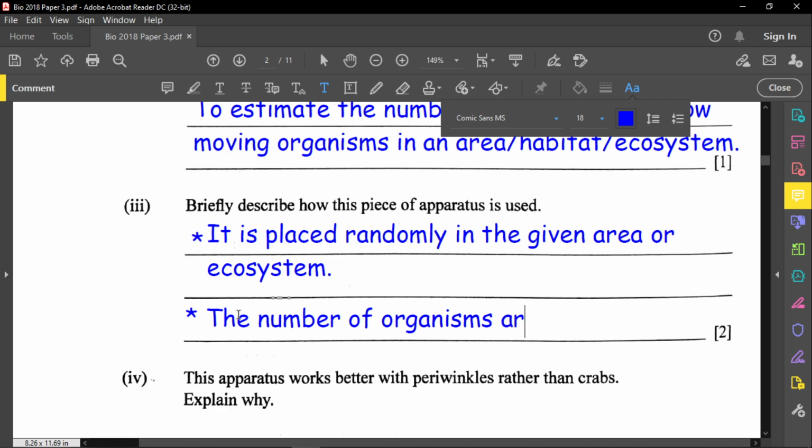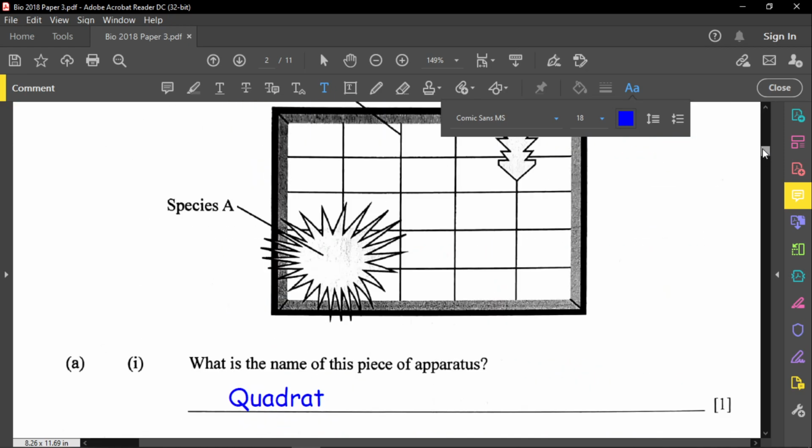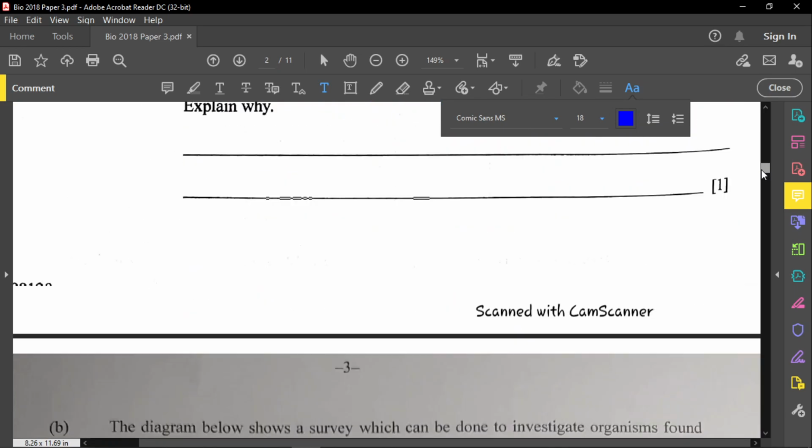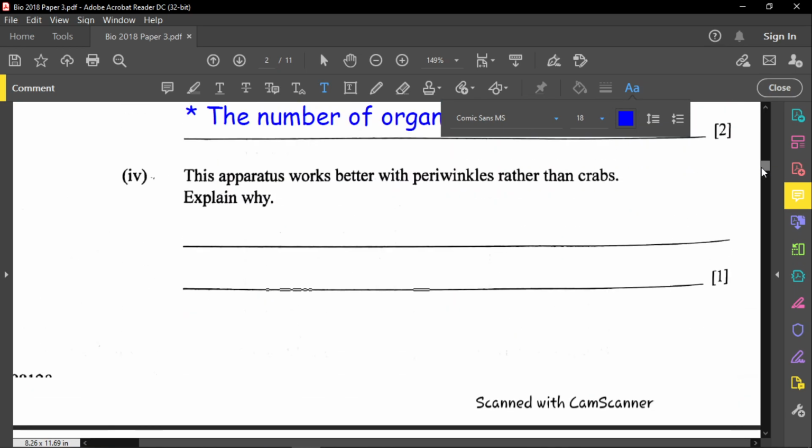Just to make a note, you only count the organisms that are present within the squares. If you go back to the diagram, you'll see the squares. So you only count the organisms found within the quadrat itself. This gives an estimate of a sample size, and you can use that to predict a larger area.